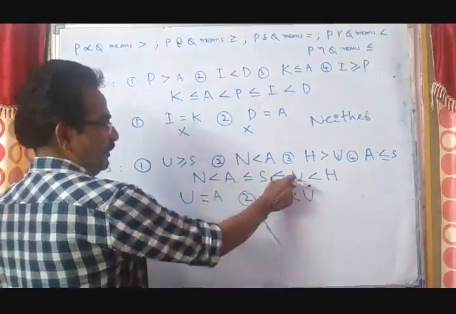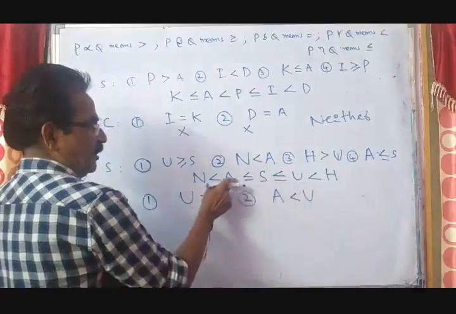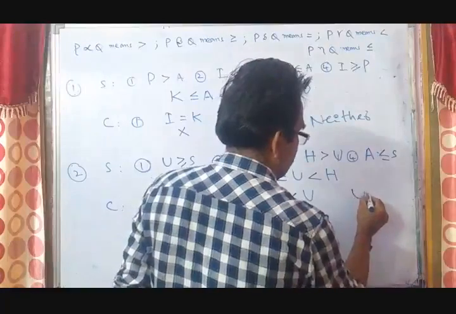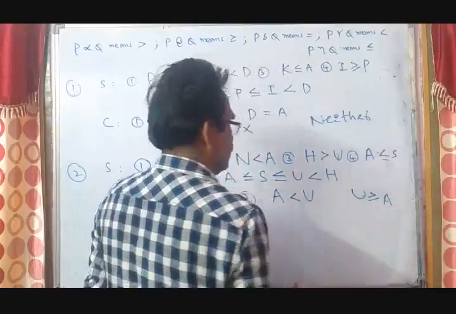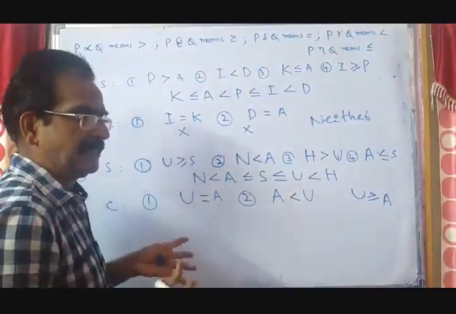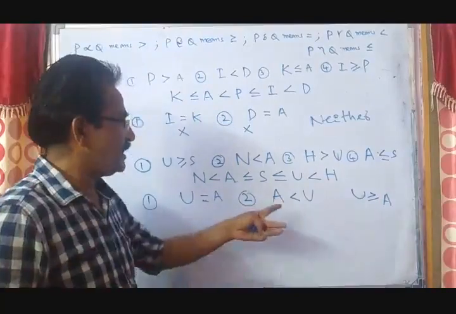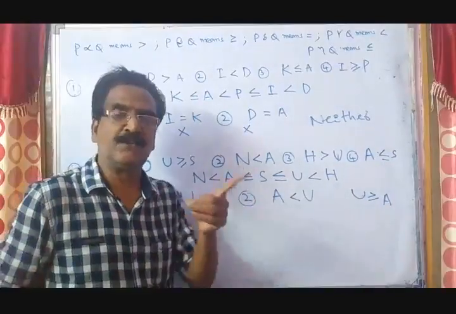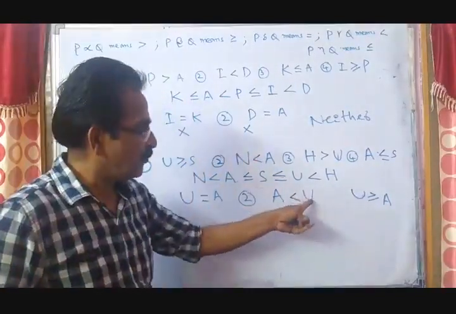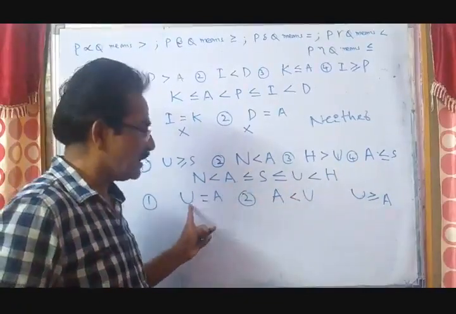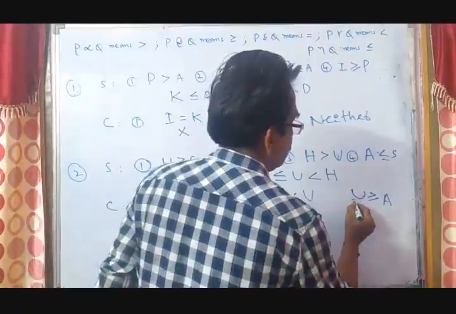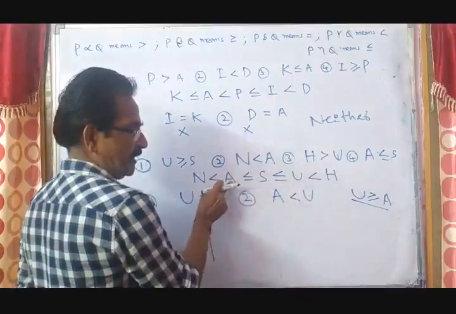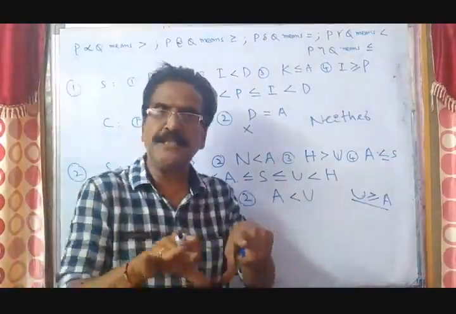What is the relation between U and A? U greater than or equal to A. This greater than or equal to is split into two conclusions.